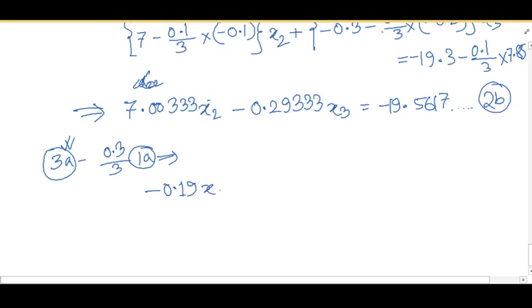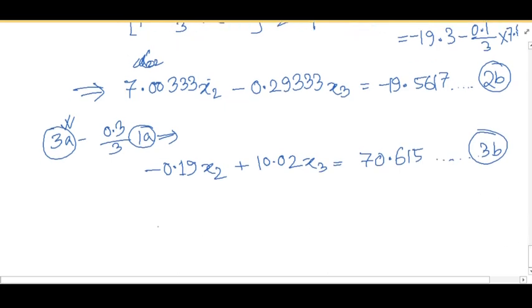I'm just writing it as I have calculated: 10.02 x3 equals 70.615, and this new equation will be named 3b.